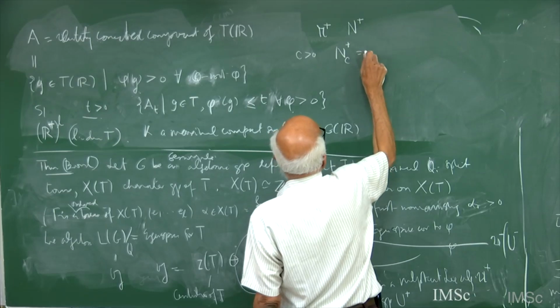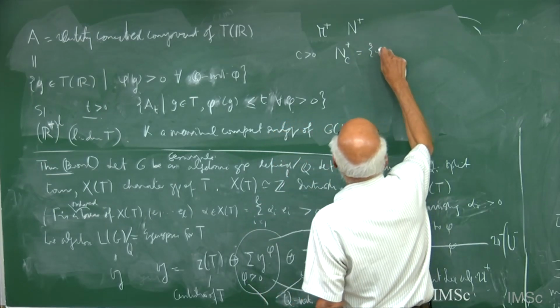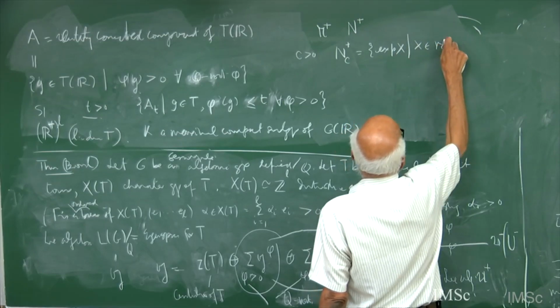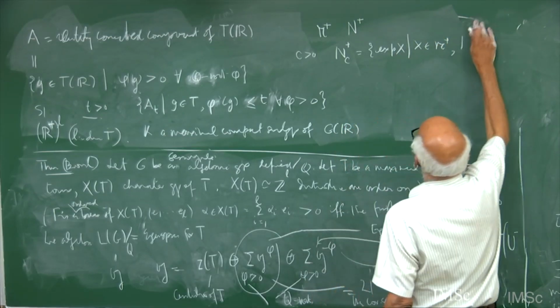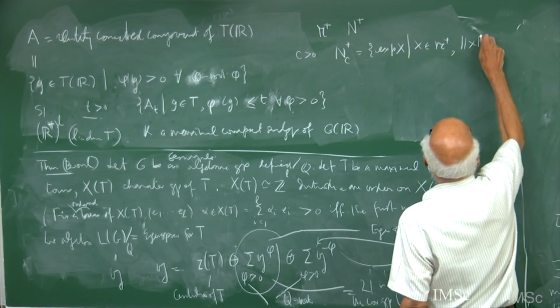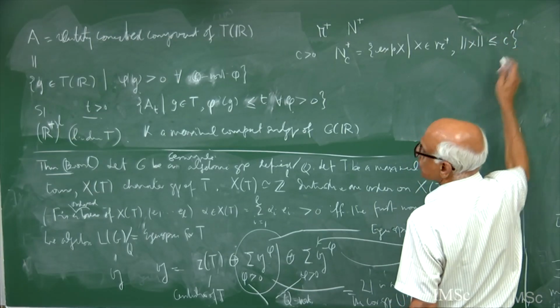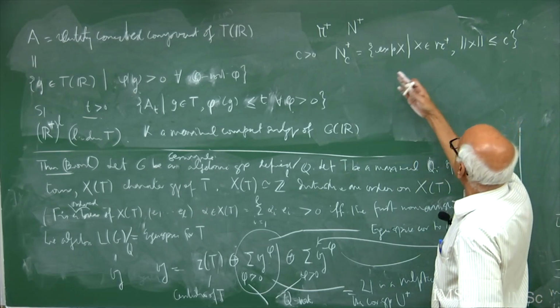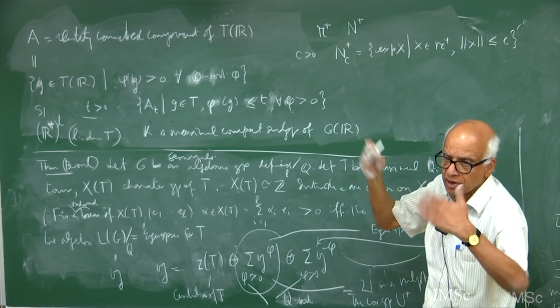N plus c will be the set of elements exponential x in n plus with norm x less than c. I introduce some norm, no matter what, on the Lie algebra and write it like this. So this is a compact subset of n plus, because the exponential map is an isomorphism.